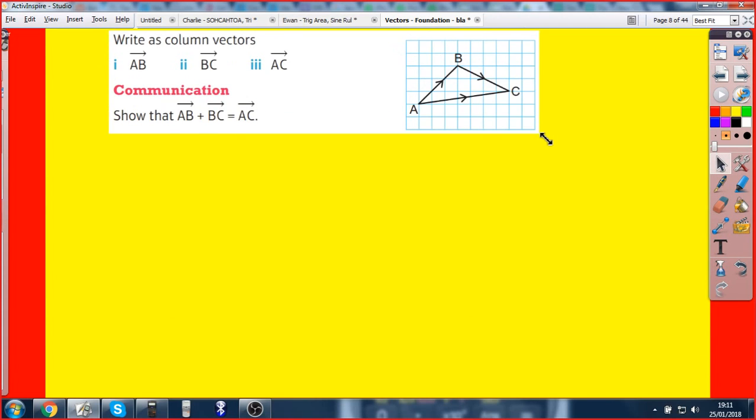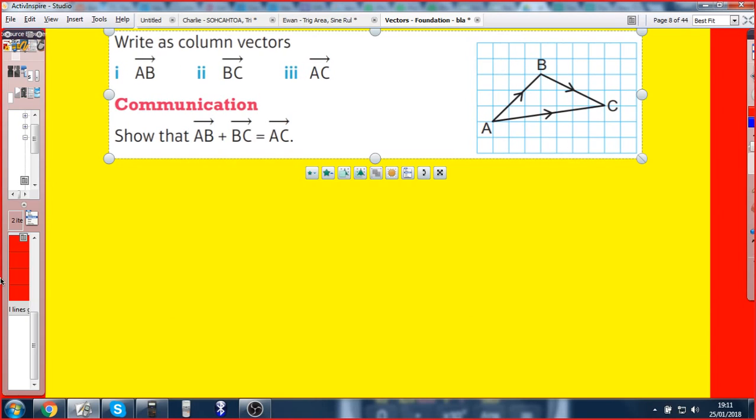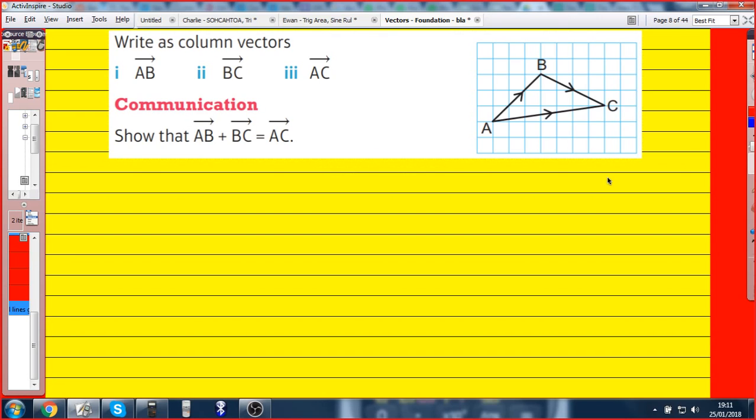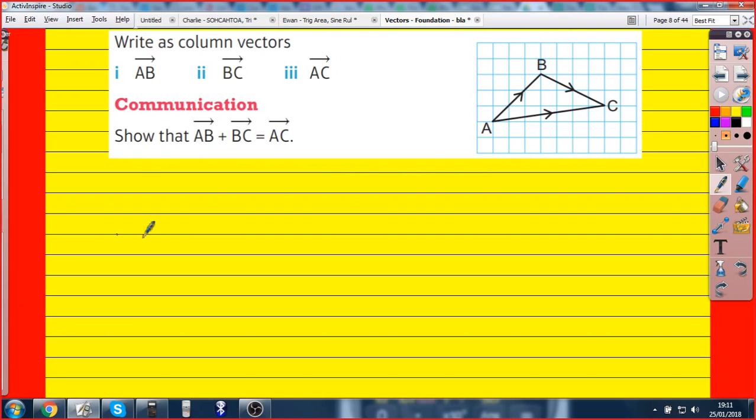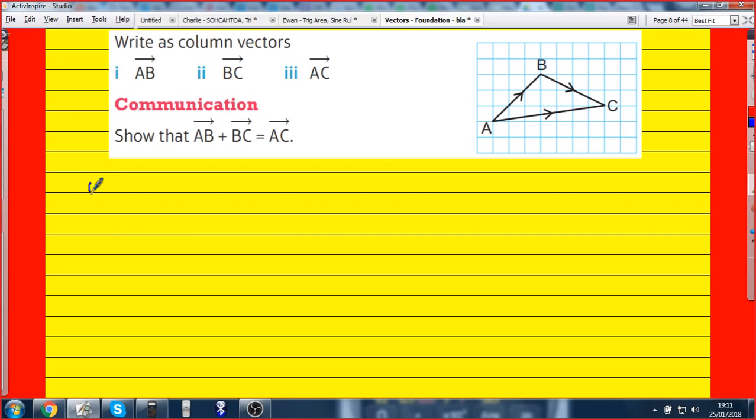Okay. So this one. How do we do this? First one A to B, so A going that way. So it is 1, 2, 3. 3. Then 1, 2, 3. So 3, 3. Okay.